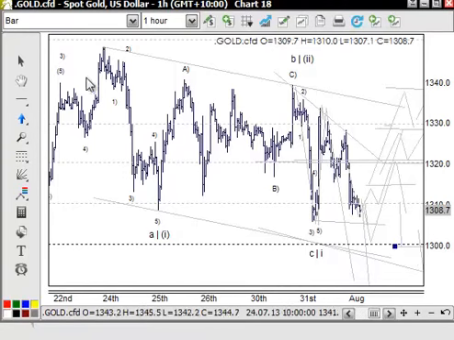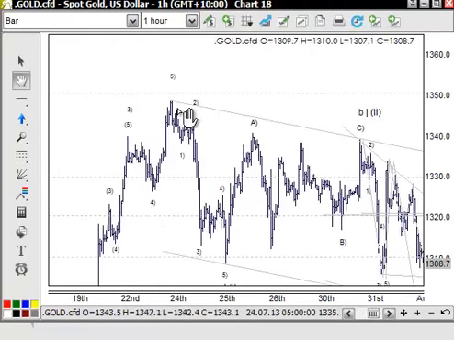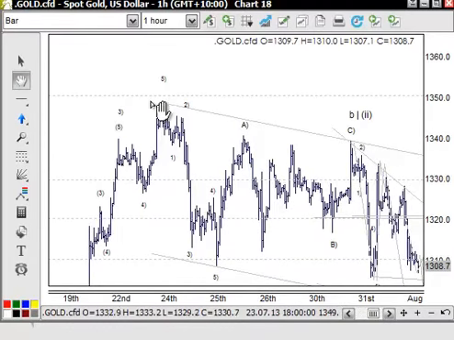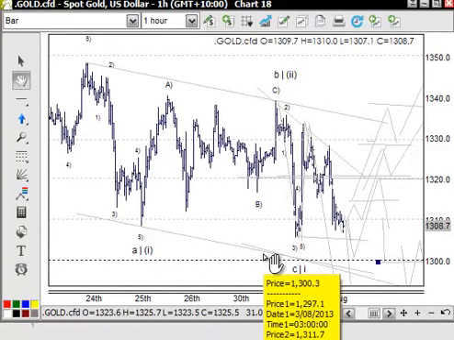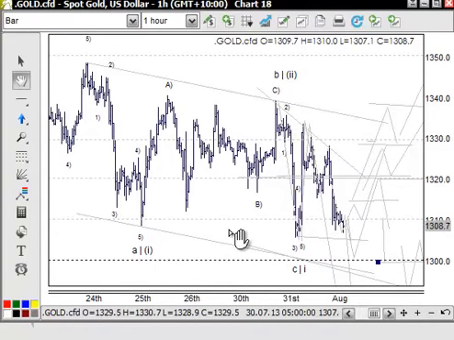Because in the bigger picture we are looking for a high, and we're just wondering if this is it through here. So this could be the start of the movement to the downside. But the other side of the coin is that base metals and precious metals can have a relationship to some degree, and they're going in opposite directions at the moment.